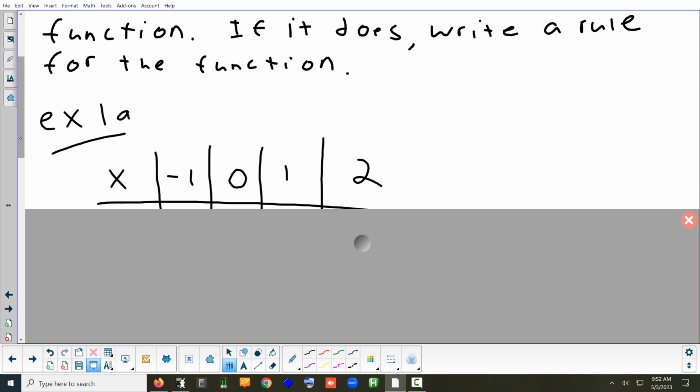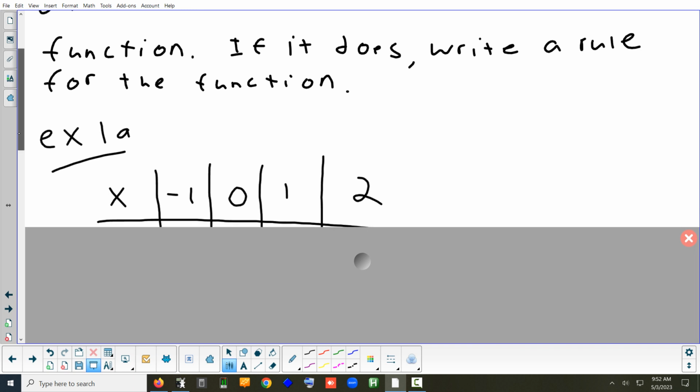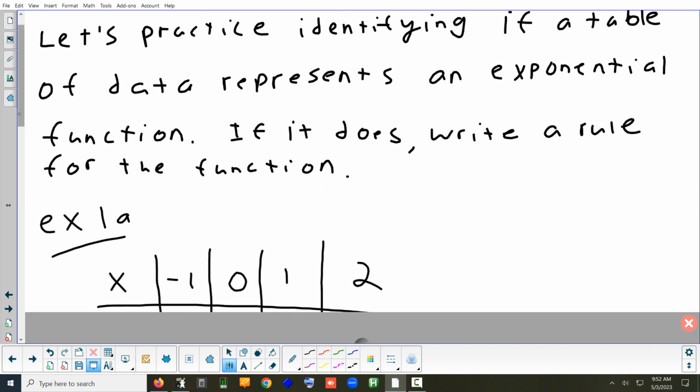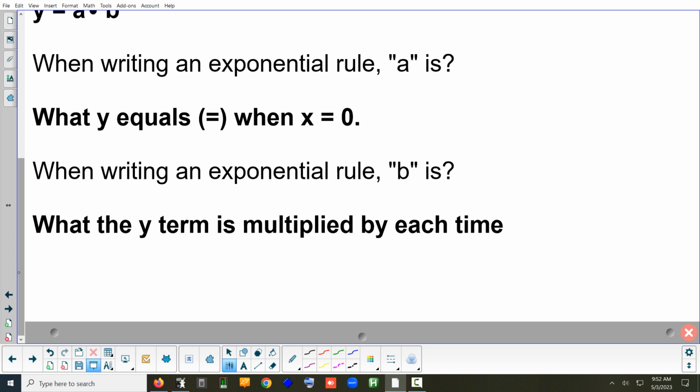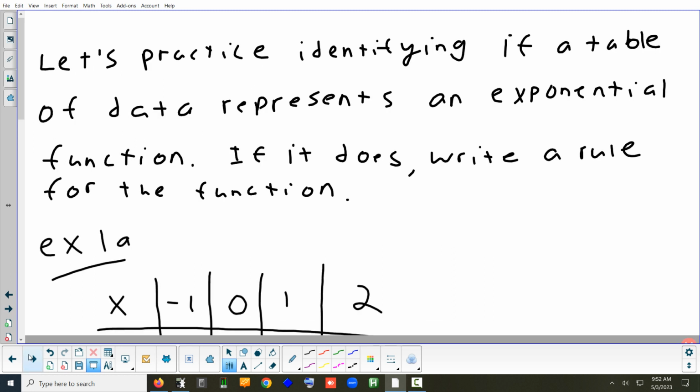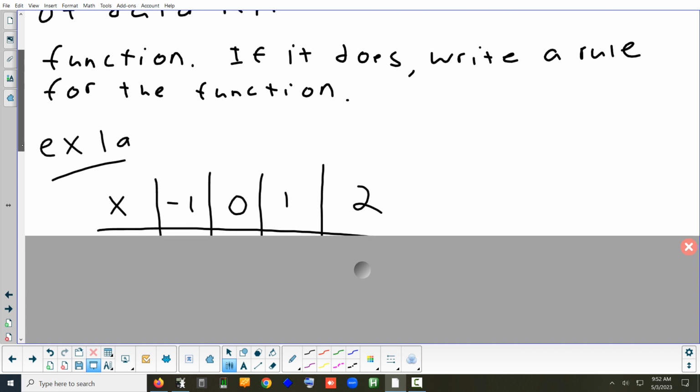Yes. Well, we're missing half the table, right? What are we missing that I haven't shown you yet? The y values. The whole key is if something is exponential, you have to be able to look at the y values and figure out what you multiply by each time. If you don't know the y values, you can't figure that out.